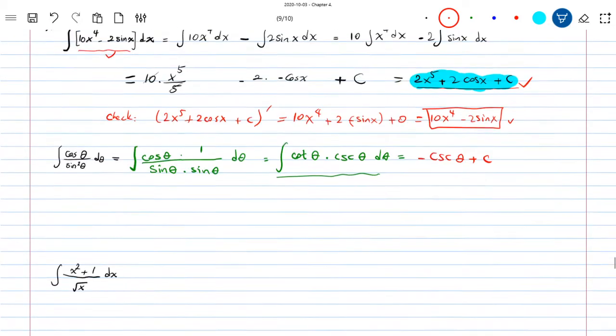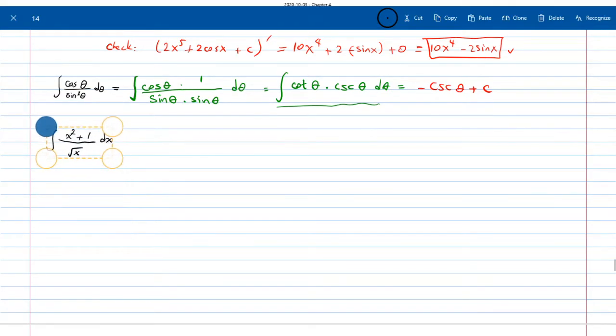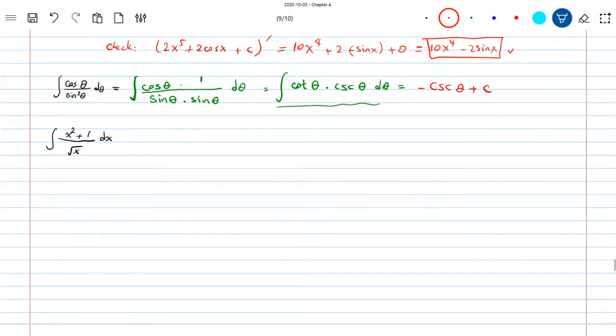Okay, how about this one? What if we want to calculate the integral of x squared plus 1 over the square root of x, dx? What do we do? Again, in all these cases, we do not have a quotient rule or product rule for the integral. So you need to simplify it. How do you simplify?